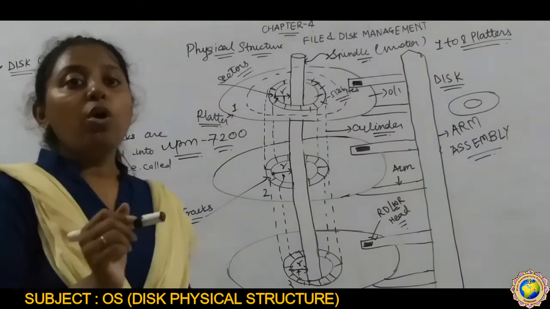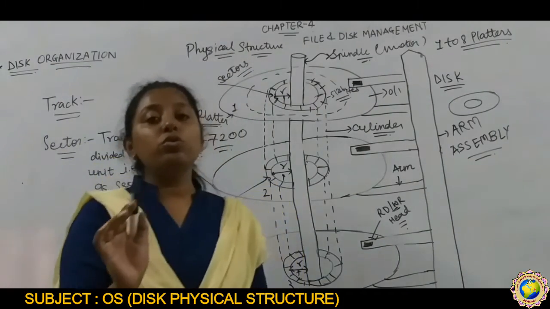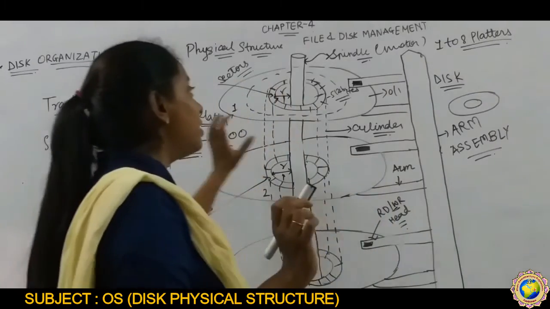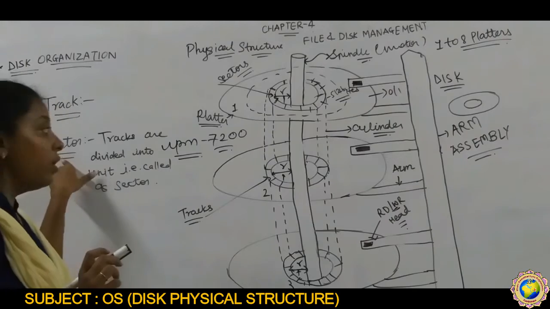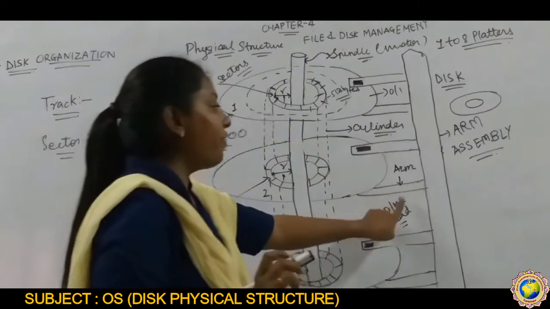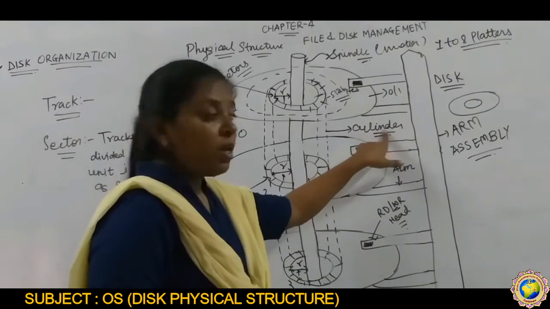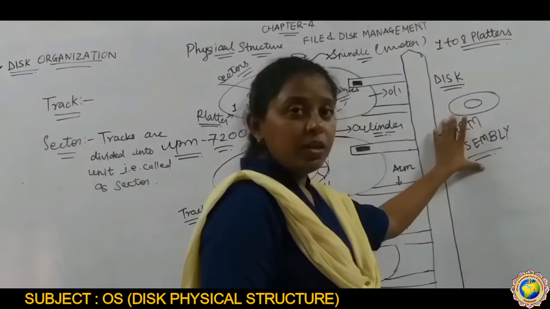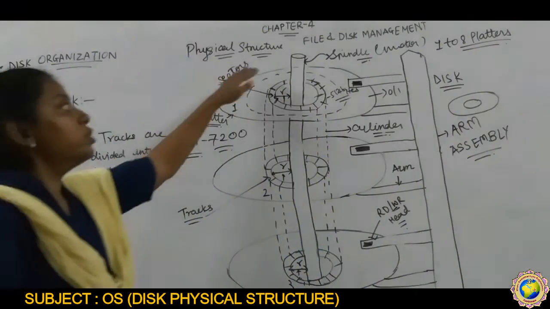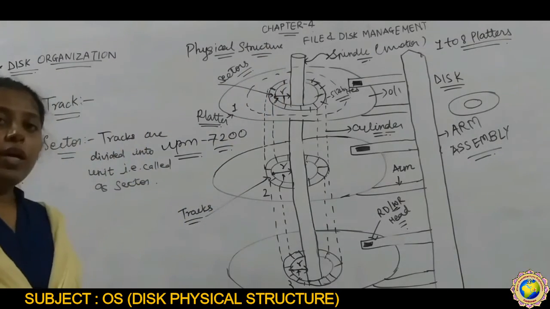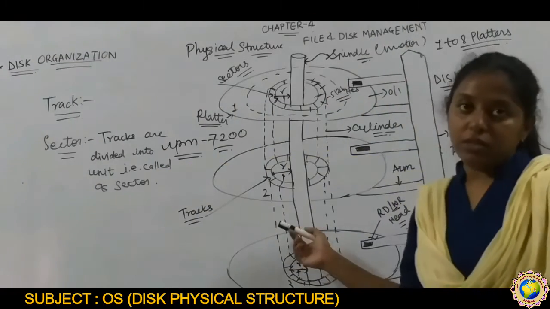So in the physical structure of the hard disk, you have to remember these terms: track, sector, read and write head, arm, cylinder, arm assembly, the rotation, and the spindle. These are the parts of the hard disk.